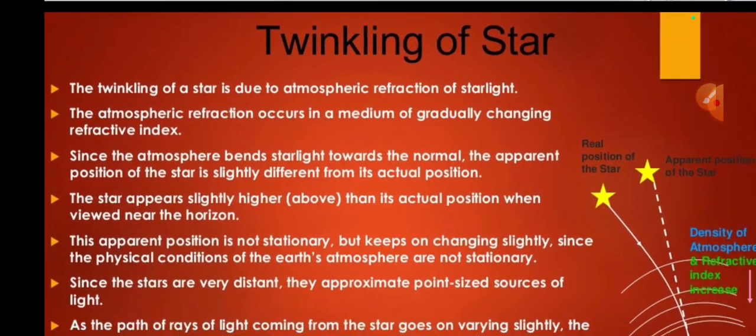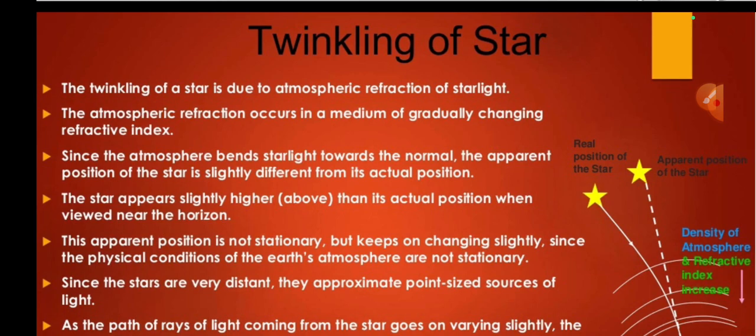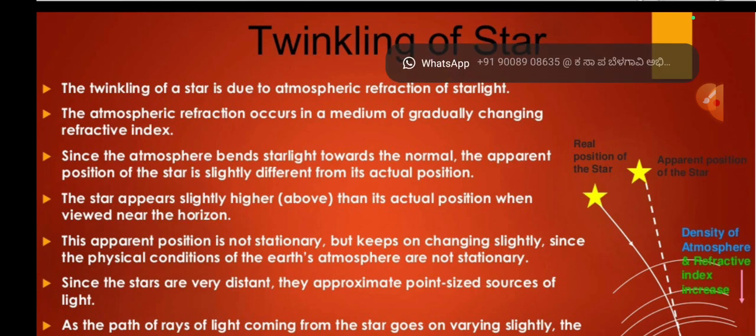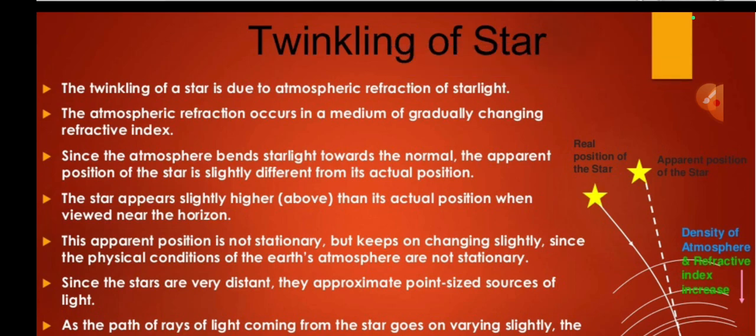Then, twinkling of stars. The twinkling of stars is due to atmospheric refraction of starlight. The atmospheric refraction occurs in a medium of gradually changing refractive index. Since the atmosphere bends starlight towards the normal, the apparent position of a star is slightly different from its actual position. The star appears slightly higher than its actual position when viewed near the horizon.